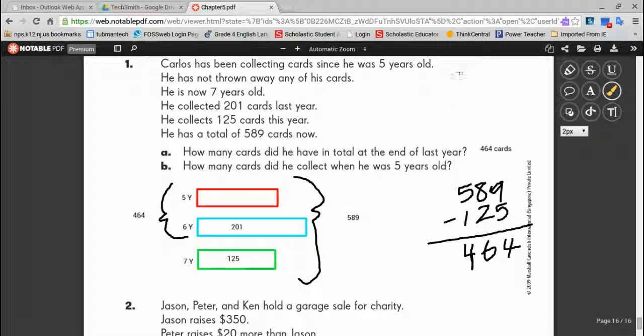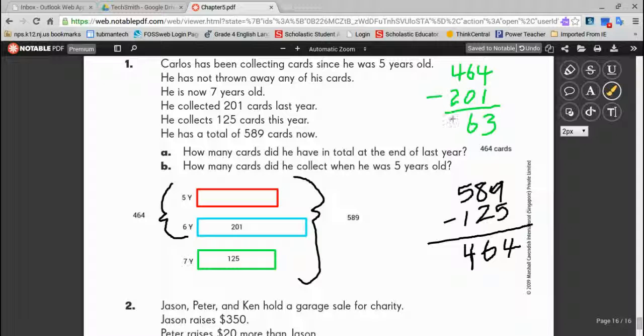And we'll do it over here. 464 take away 201. Okay. Here we go. 4 minus 1 is 3. 6 minus nothing is 6.